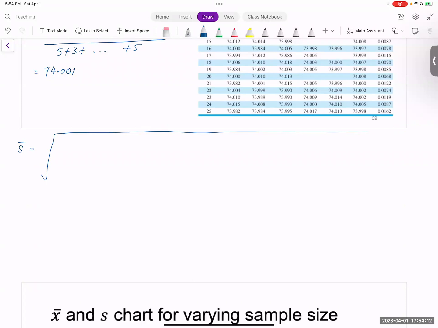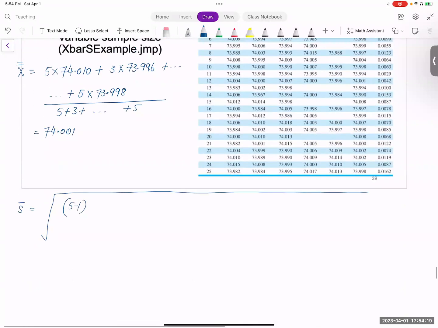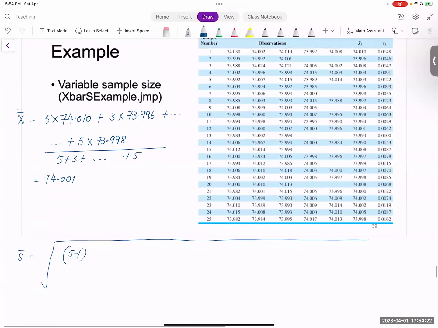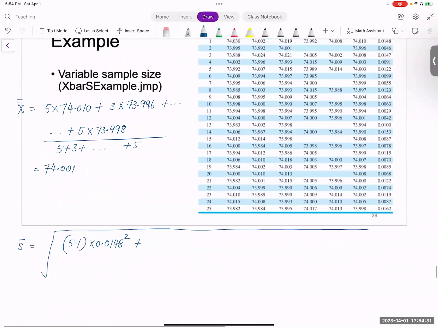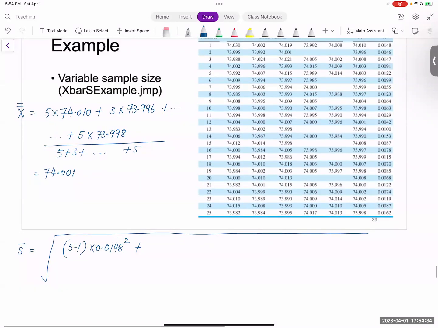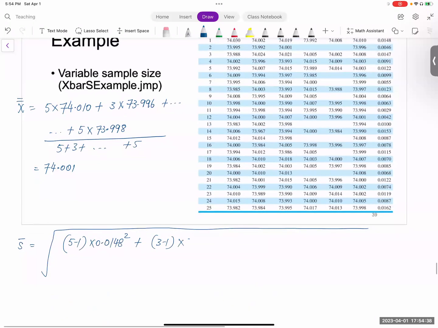For the first sample, ni is 5, so it's 5 minus 1 times Si squared, where Si is 0.0148, so 0.0148 squared, plus for the second sample, we have 3 observations, so 3 minus 1 times 0.0046 squared, plus dot dot dot.